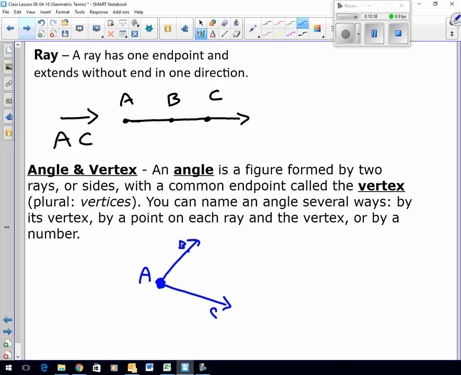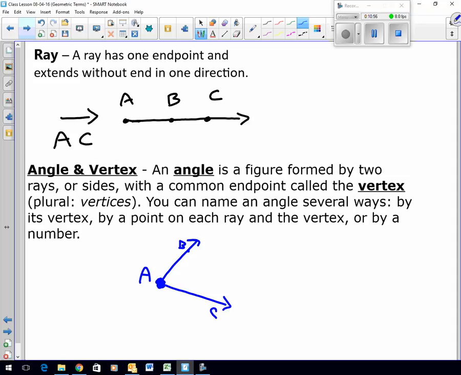You see how I have 2 different rays here? I have ray AB, it goes this way. I have ray AC, that goes this way. What is common between those 2 rays? Point A, which we call the vertex.